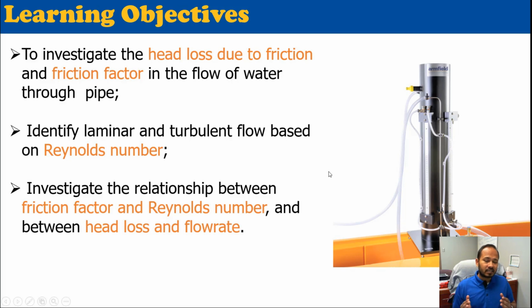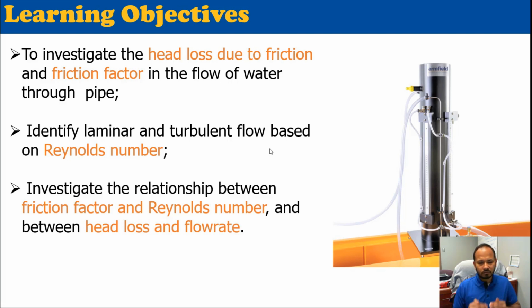We're going to run these tests for two different scenarios. One is turbulent flow and one is laminar flow, and we're going to identify the laminar and turbulent flow based on Reynolds number. That means we also have to find the Reynolds number for this test.